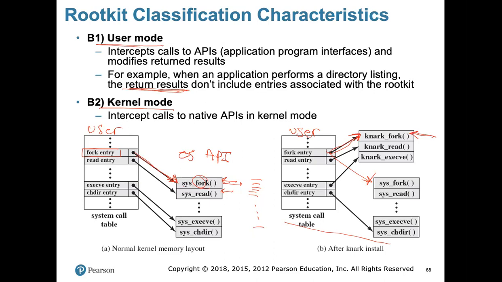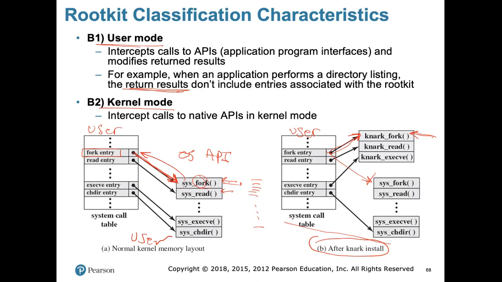This is a kernel mode rootkit; in a user mode rootkit, you as a user call this system call, it performs something and returns you something, and the user mode rootkit just changes the return result.